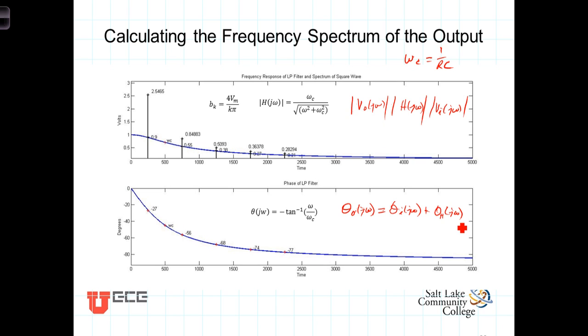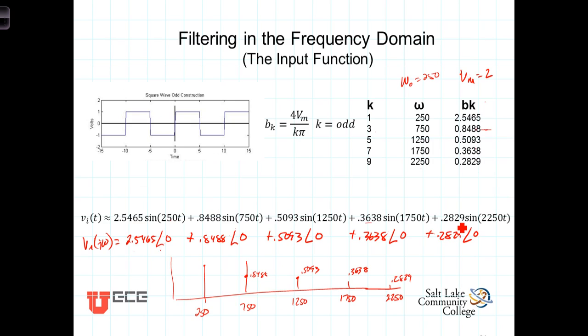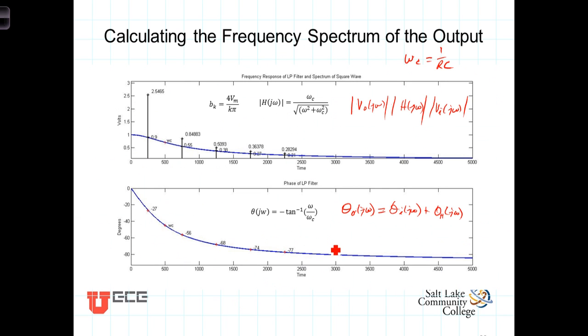But keep in mind, coming back here, our inputs all had 0 degree phase angles associated with them. We were setting the source as the reference for our phase angle. So the inputs all have angle zero as their phase term in the spectrum.